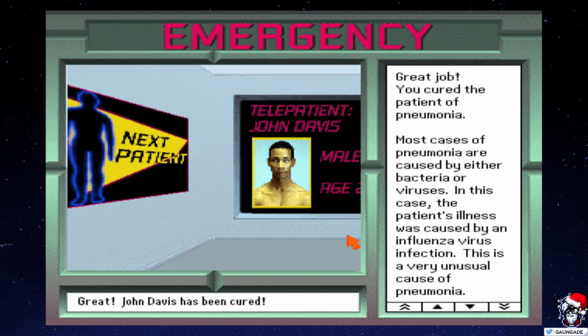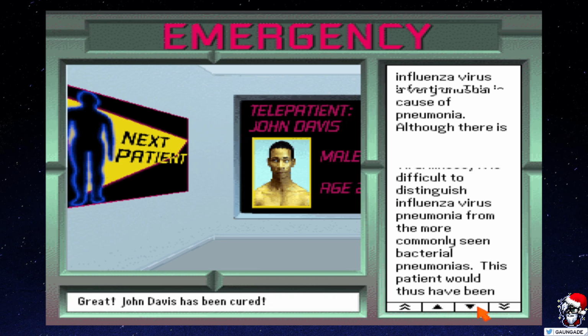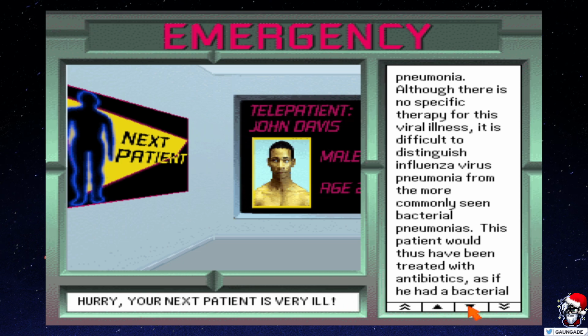Great job. You cured the patient of pneumonia. Most cases of pneumonia are caused by either bacteria or viruses. In this case, the patient's illness was caused by an influenza virus infection. This is a very unusual cause of pneumonia. Although there is no specific therapy for this viral illness, it is difficult to distinguish influenza virus pneumonia from the more commonly seen bacterial pneumonias.